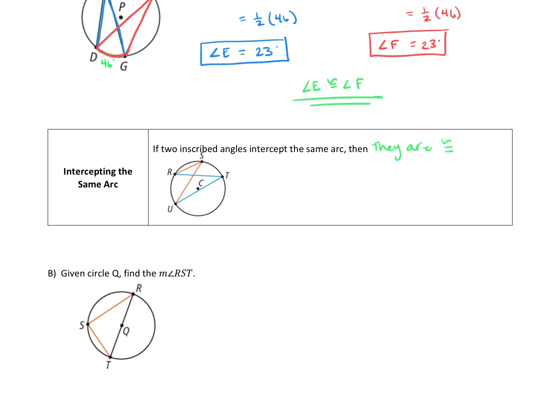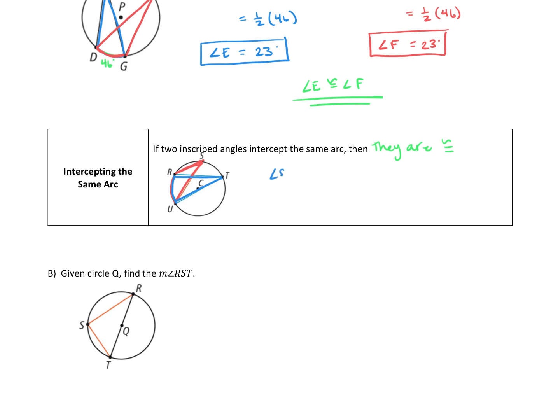So if we look at this picture, we can see angle S, this inscribed angle, vertex is on the circle. If we follow the angle out, it's intercepting arc RU. Angle T, if we follow that out, it is intercepting arc RU.